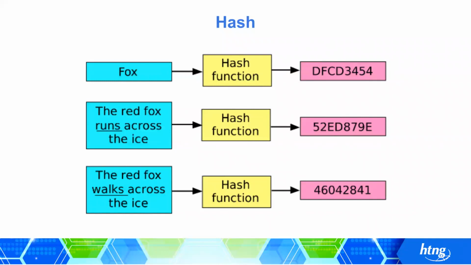And the same hash will always be connected with the same data input. As you can see on the slide, on the left side we have some text like "the red fox runs across the ice" and "the red fox walks across the ice." After the hash function, we can see a different result because we changed just one word. If even one bit of information is changed inside the text, the hash will be absolutely different.